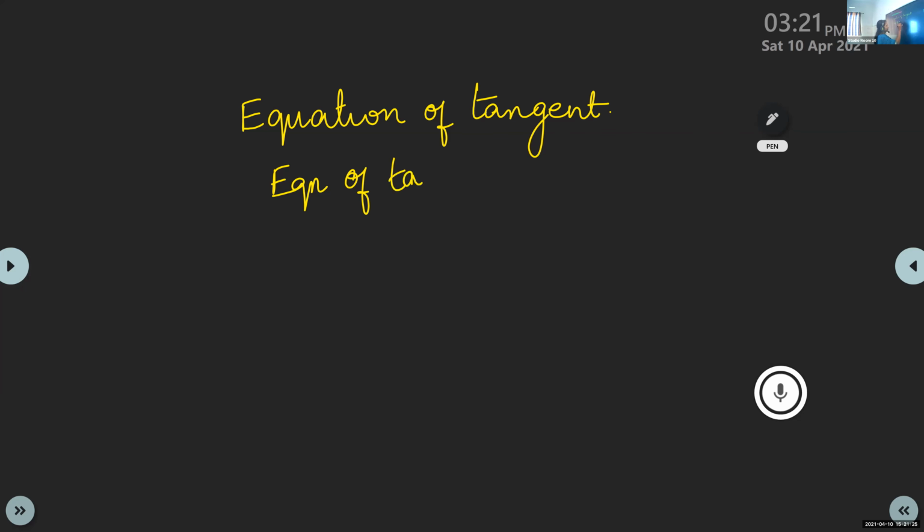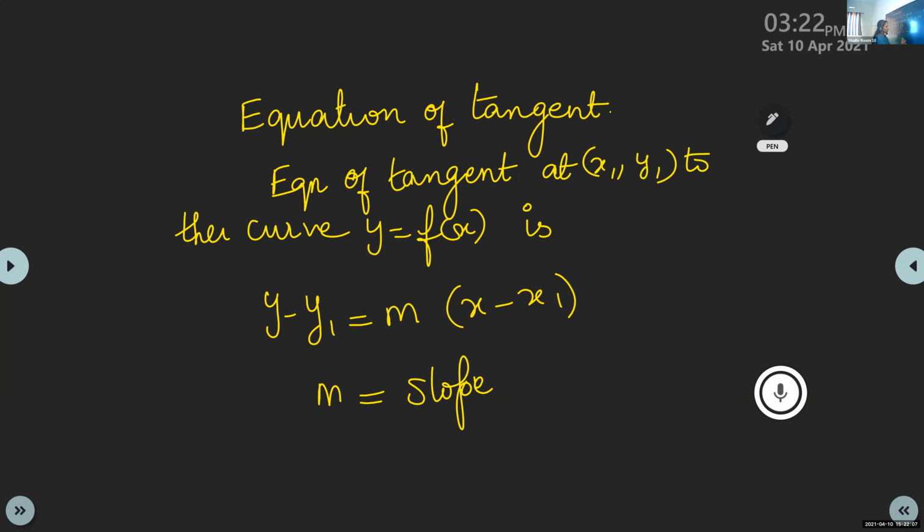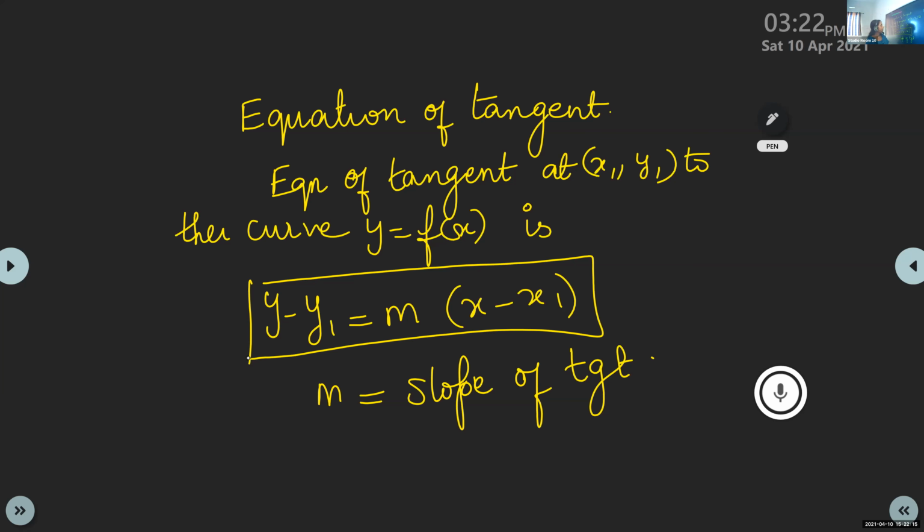So, equation of the tangent at the point x1, y1 to the curve y is equal to f of x is given by y minus y1 is equal to m into x minus x1, where m is the slope of the tangent.